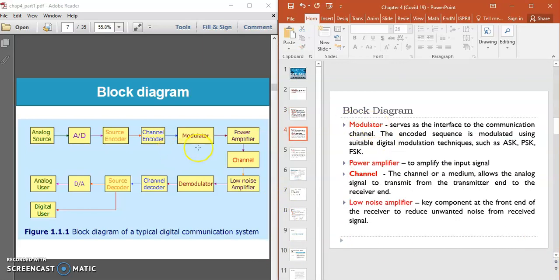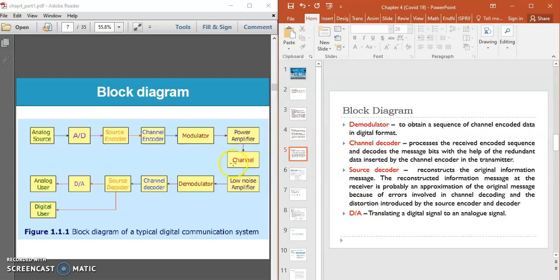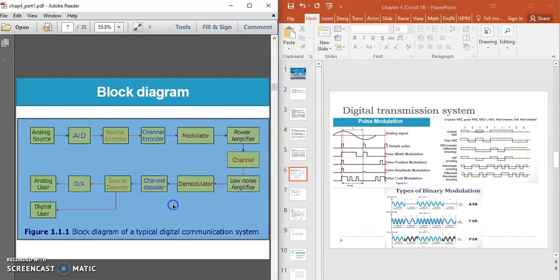Now, modulator, function of modulator, power amplifier, channel, low noise amplifier. Okay, you can read. And then the demodulator, channel decoder, source decoder, DA. What is a DA? Digital to analog converter. Okay. Now, we go to the next slide.